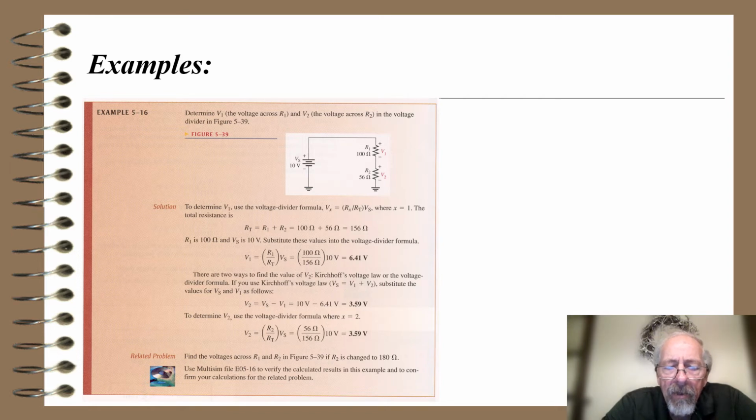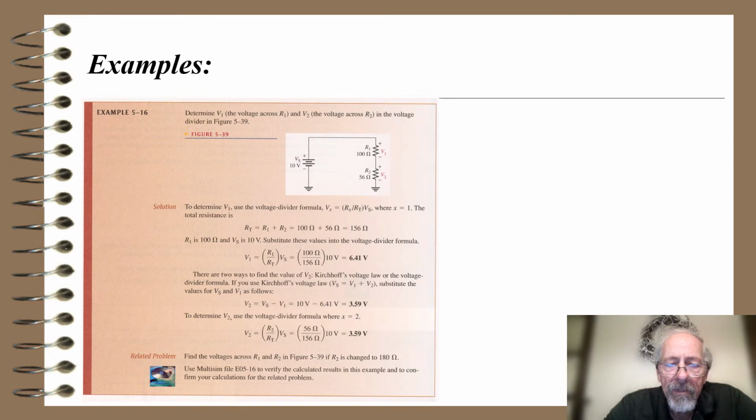They now do a calculation where V1, the voltage across resistor 1, is going to be R1 over R total times V sub S. So 100 divided by 156 is equal to 6.41 volts. That'll be across R1. Then what's the voltage? Well, we could just simply subtract that from 10 and get 3.59 volts across R2. Or we could use a voltage divider formula again, R2 over R total times V sub S, which is 3.59 volts.